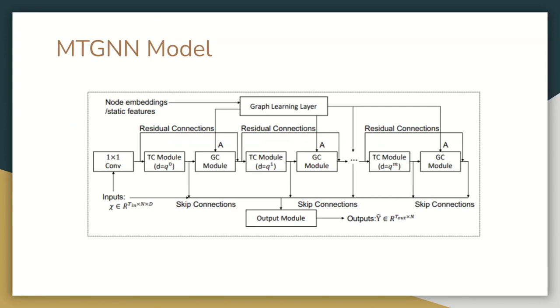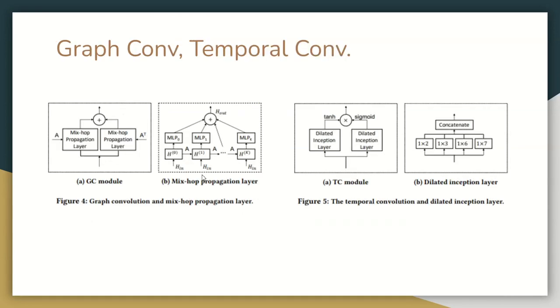So the way MTGNN deals with this is through three individual modules. One is the graph learning layer, which is a basic message passing layer, nothing too fancy in that. But the crux lies in the TC and the GC modules, which are the temporal convolutional model and the graph convolutional model. Now, what are these? The graph convolutional module is a convolution, a kernel over different variables.